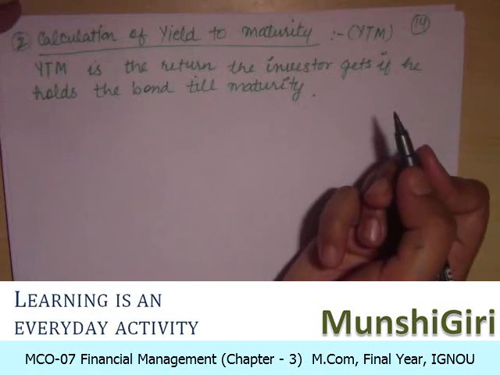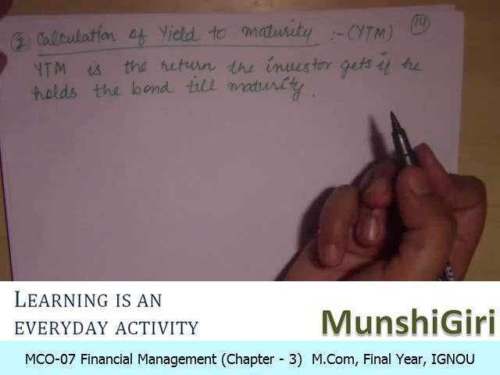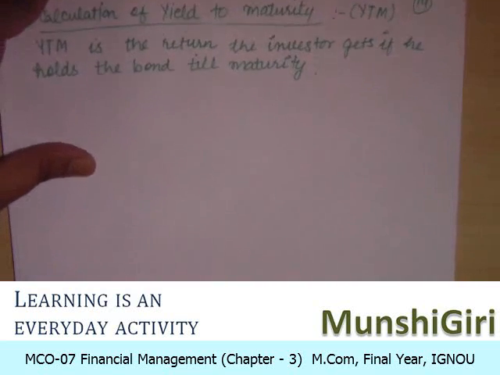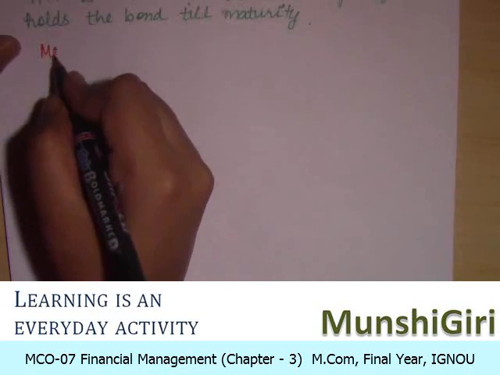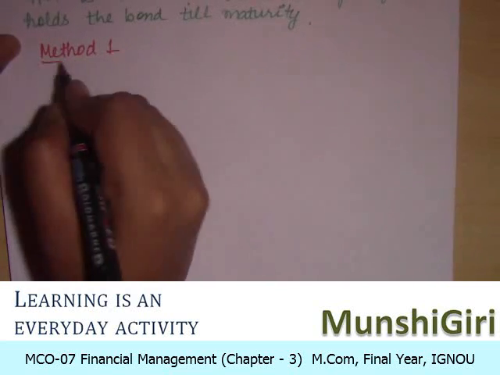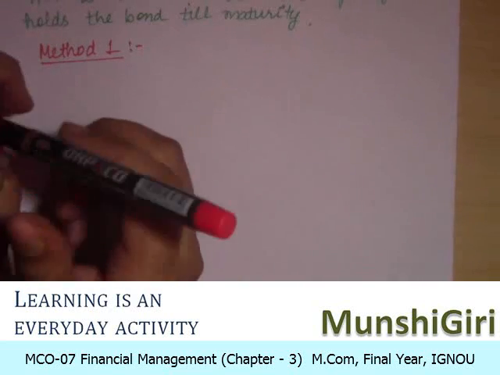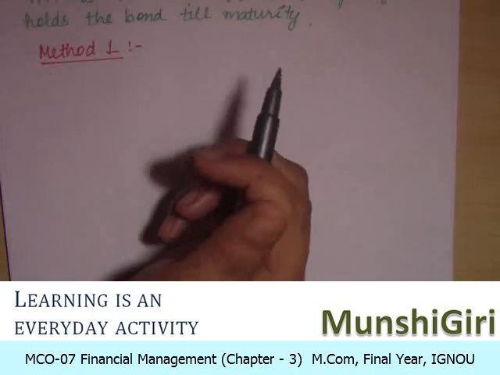The first method for calculating this, method 1, is used in case of irredeemable bonds.